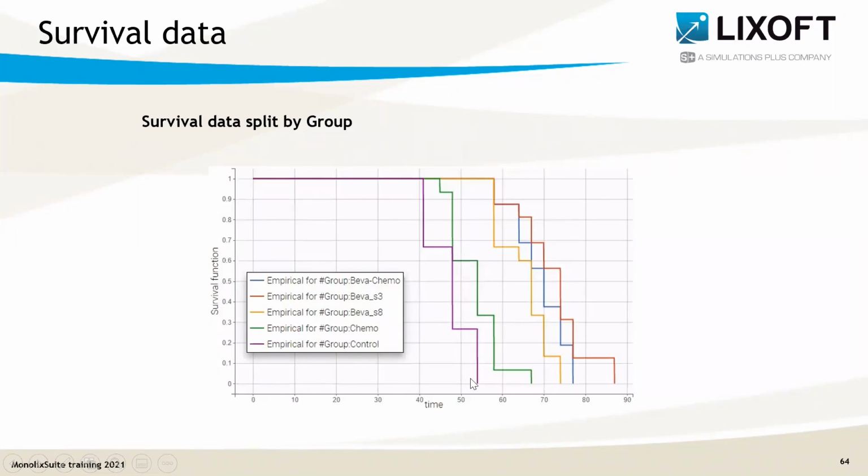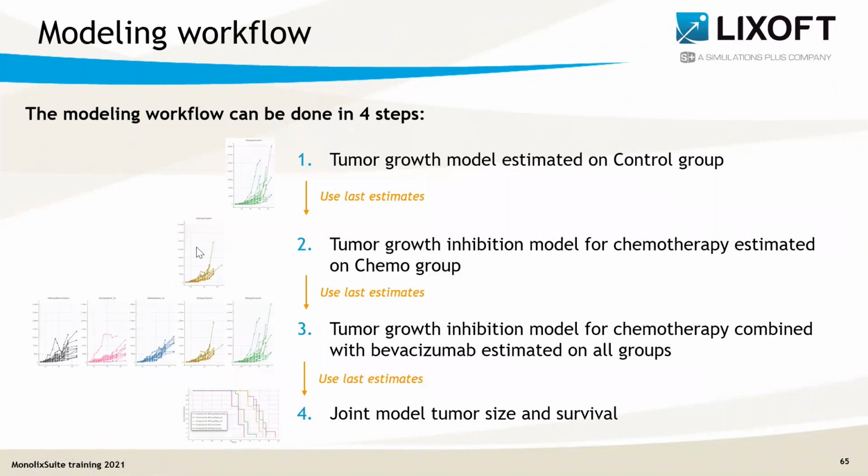So the control group has a much lower survival. Actually here, in this case, the survival is directly linked to the size of the tumor, since this is preclinical data, so the mice are sacrificed when the tumors reach some threshold size. To model this data, this can be done in 4 steps.